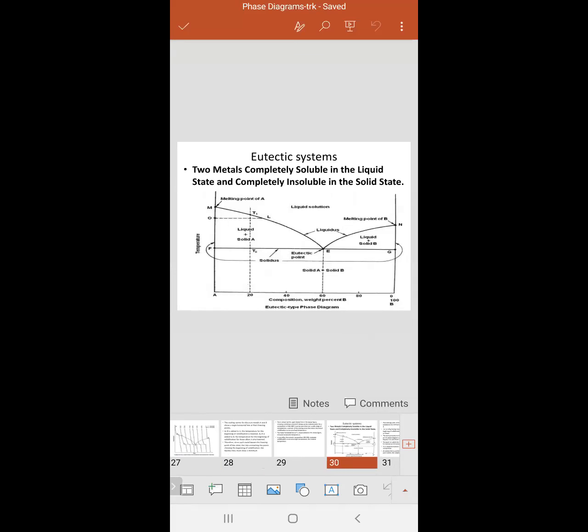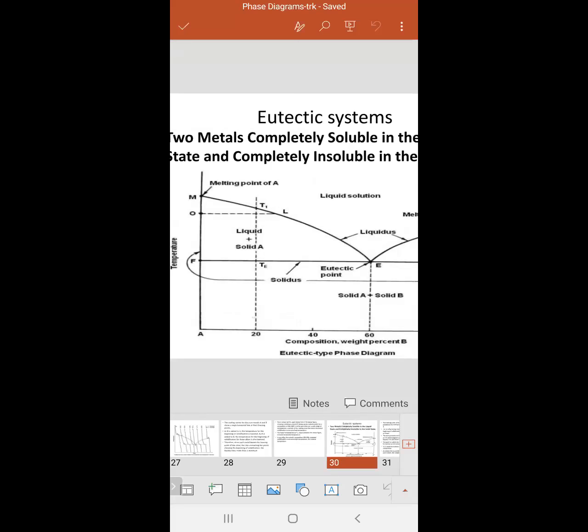In this one you can easily understand how to explain this process, how the phases change. If you draw one dotted line here, at temperature T1 the solution is liquid.